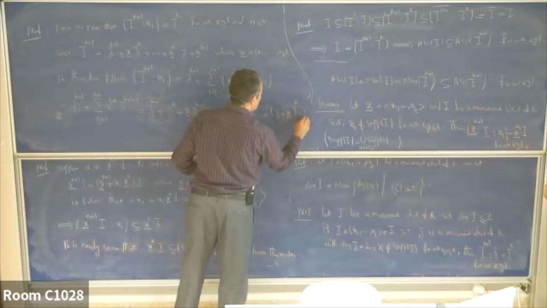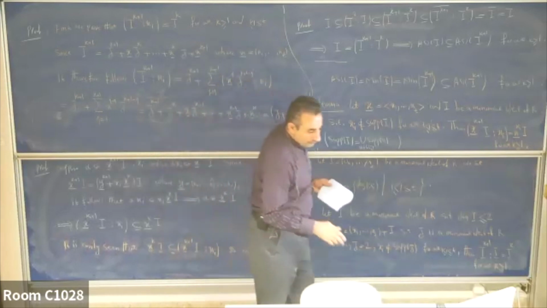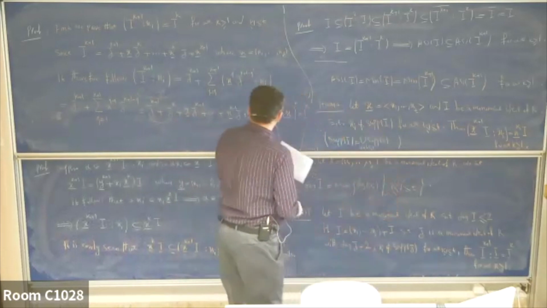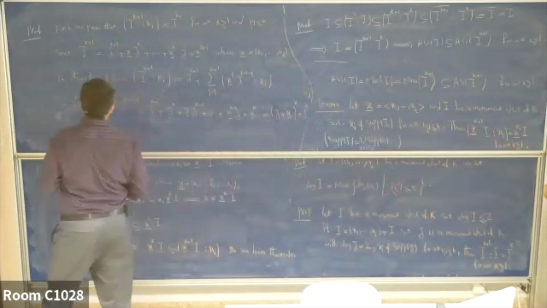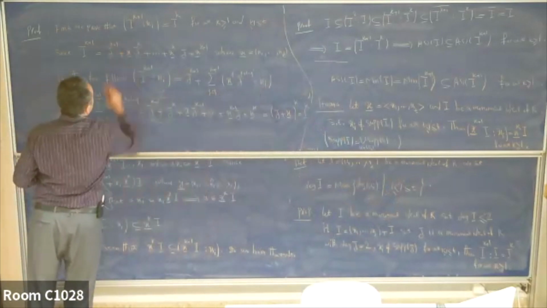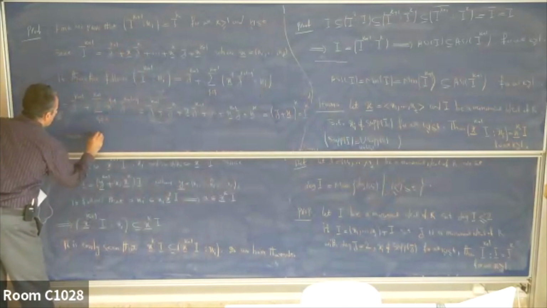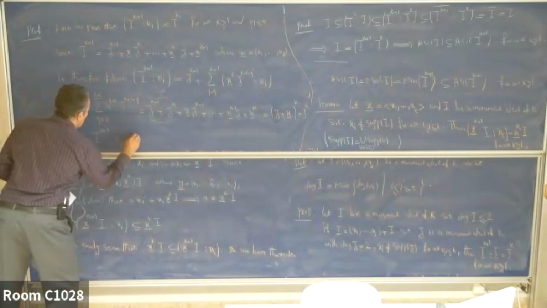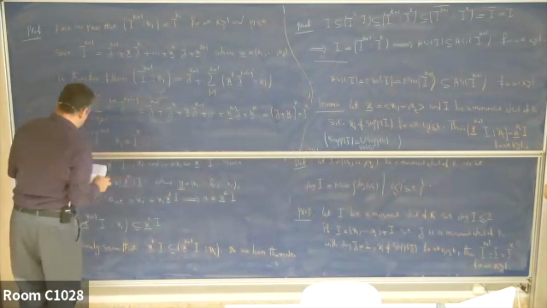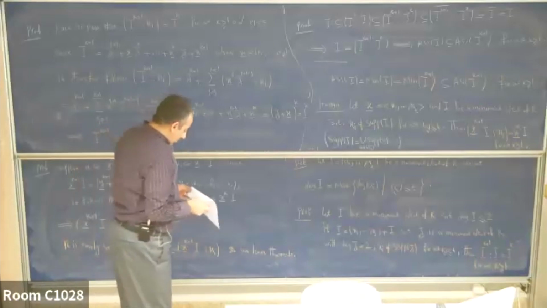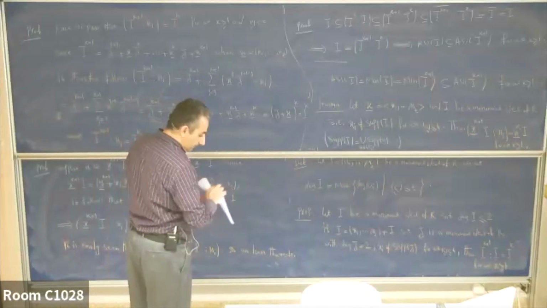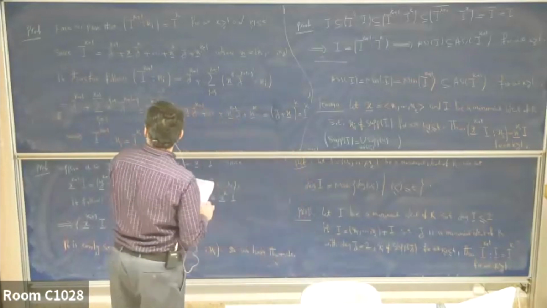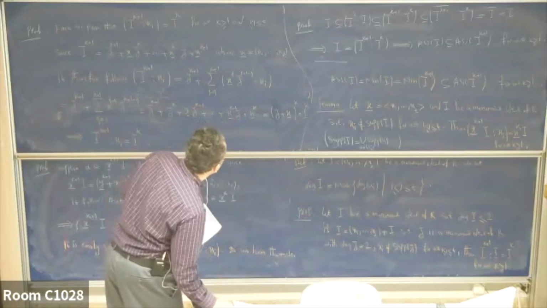This is I^k. So we have this, and so we have I^(k+1) : xi equal to I^k.